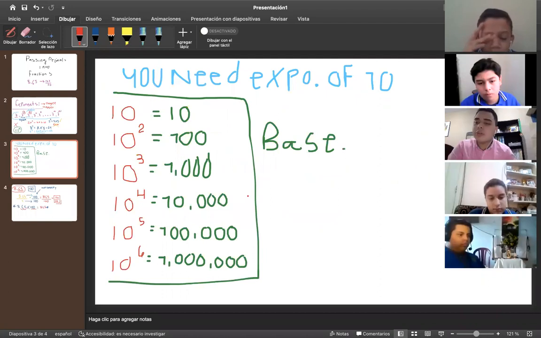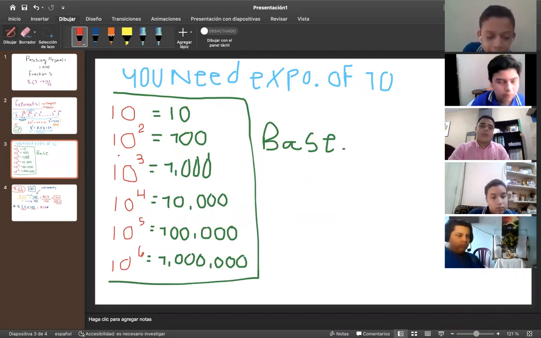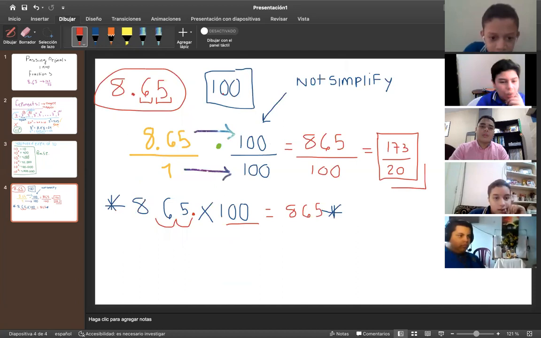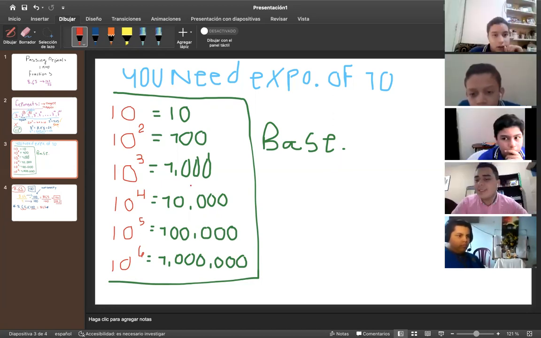And you're going to use a number that has 2 zeros. Which number has 2 zeros? 100. So that's why we are using 100. If we had, for example, 3 decimal numbers, we're going to use 1000. If we have 6 decimal numbers, we're going to use 1 million. Okay?